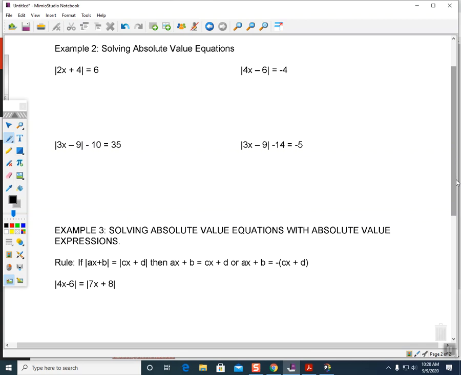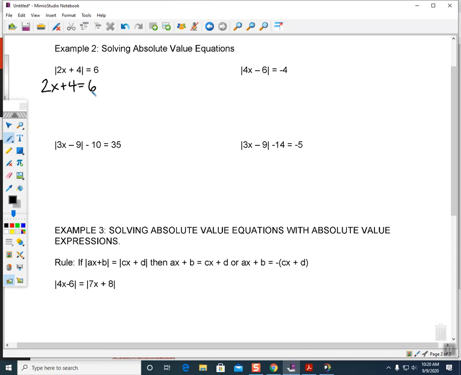I've got the absolute value of 2x plus 4 equals 6. So I'm going to set up my two equations this way. 2x plus 4 equals 6. Simple, easy peasy. Okay. The way that I'm going to set up the second one is I'm going to keep this first value. I'm going to keep my 2x plus 4, but I need to negate the right-hand side of my equation.